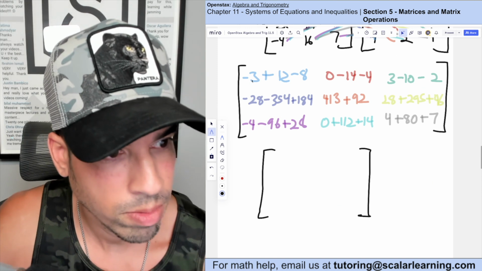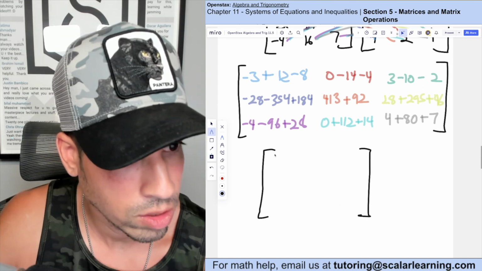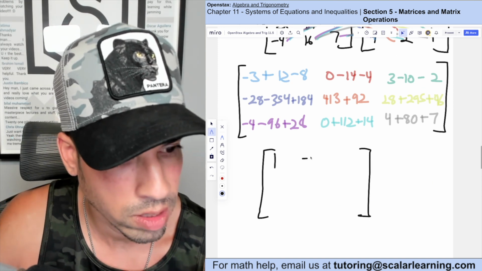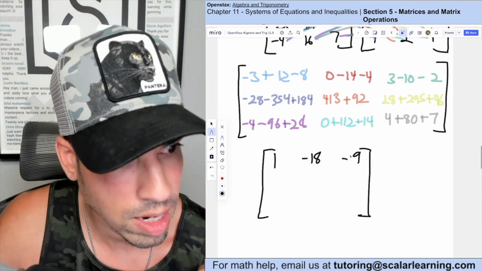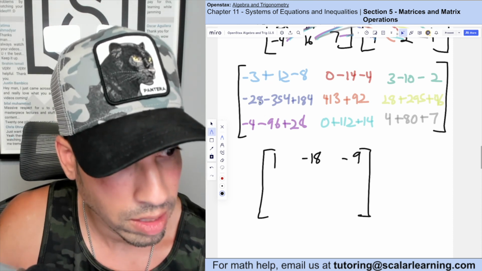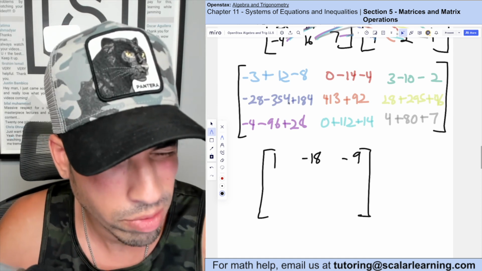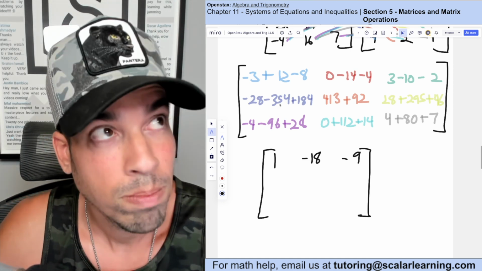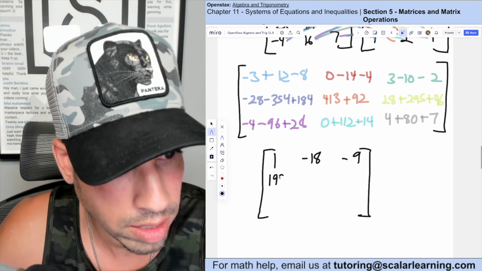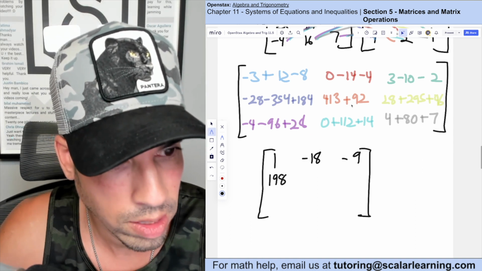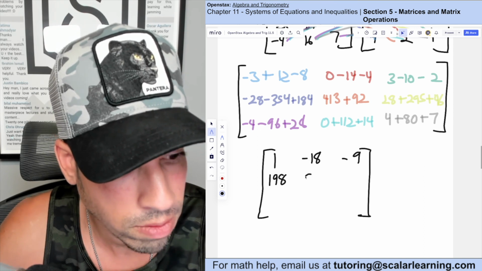All right, now as we simplify, negative 3 plus 12 is 9, minus 8 is 1, 0 minus 14 minus 4 is negative 18, 3 minus 10 minus 2, that's negative 9. Then we have this crazy thing, negative 28 minus 354 is negative 382, plus 184, 198. 413 plus 92 is 505.